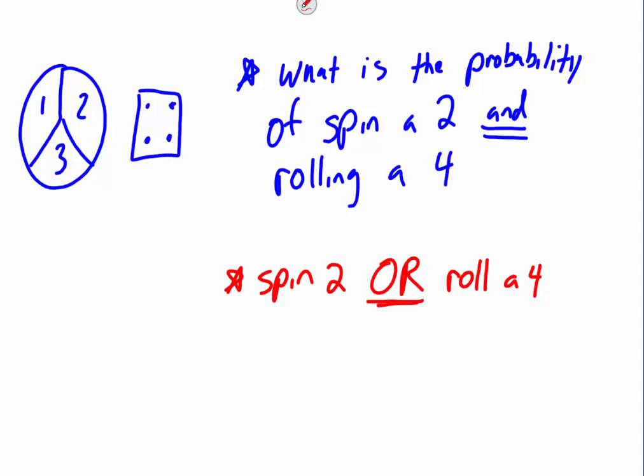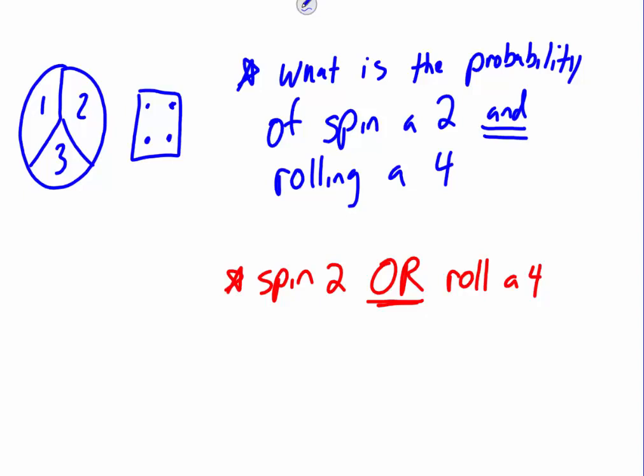The bottom one says, hey, we can have a spin of 2 and we don't care what's on the die, or we can have a roll of 4 and we don't care what happens on the spinner. So it actually makes it very, very easy, or easier, to get the probabilities anytime that there's an "or." So the top one, the "and," should actually be a very small probability. The "or" should be a greater probability.